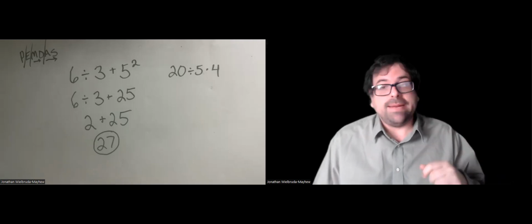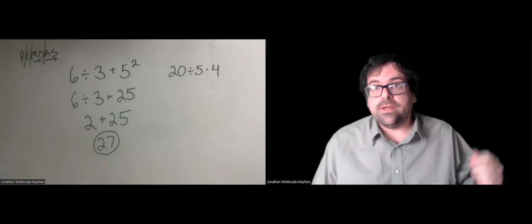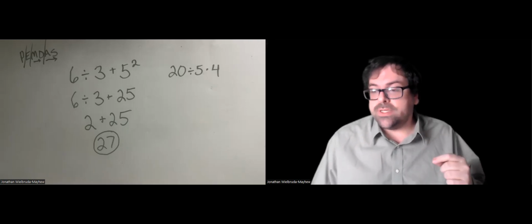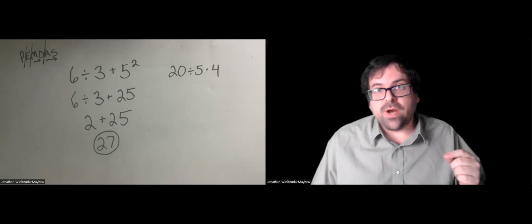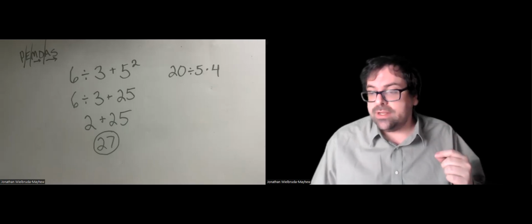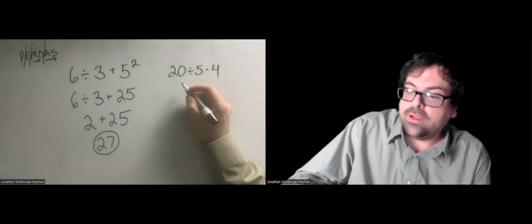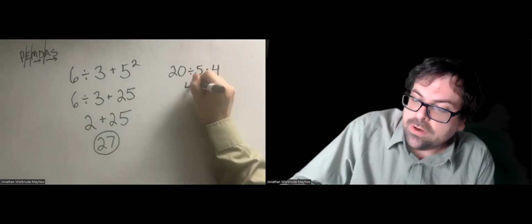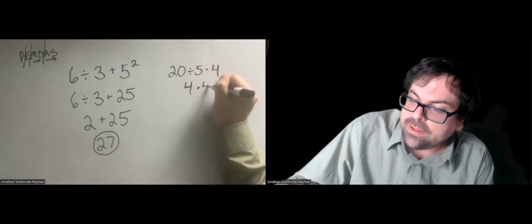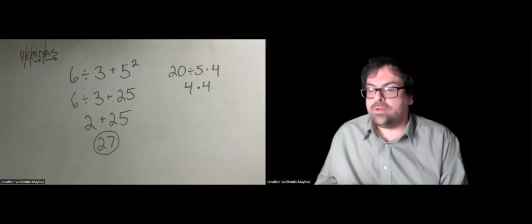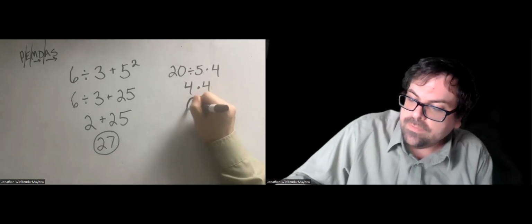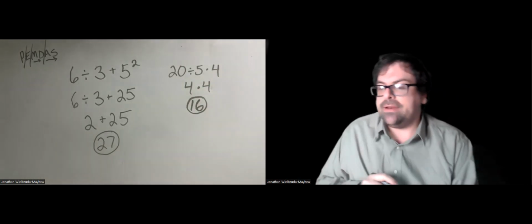We're on that step already because there's no parentheses, there's no exponents. It's super important that left to right, as you come to it, is how you do the problem. First, we have this division. 20 divided by 5 is 4. Leave the rest alone. Now we have 4 times 4. The correct answer is 16.